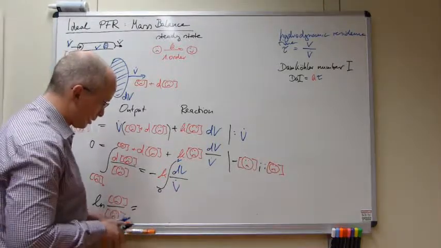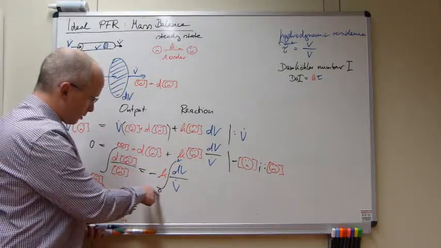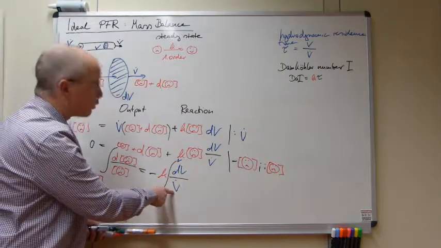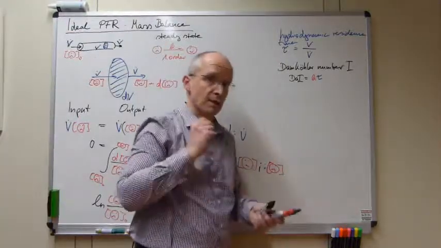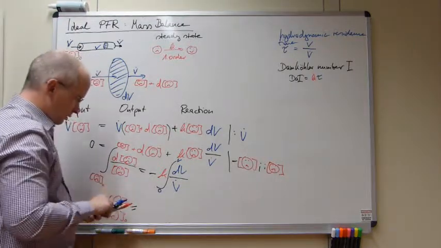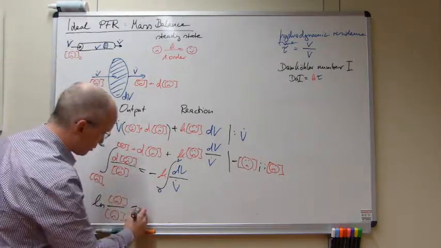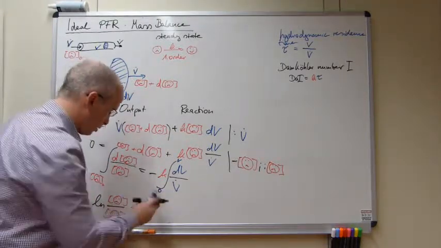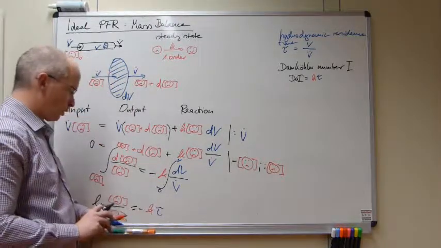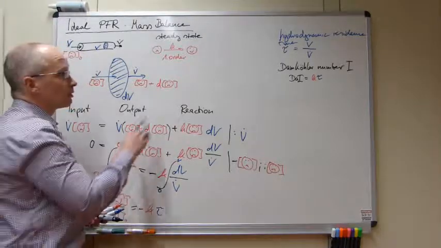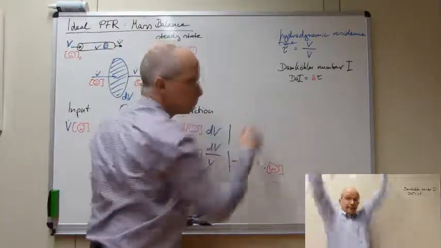On the right hand side we can see that we get V, or a volume, divided by volume flow, which, believe it or not, is our hydrodynamic residence time again. So we get on the left hand side this logarithm, and we get on the right hand side K times tau, which, surprise, surprise, is the Damköhler number again. Yes!